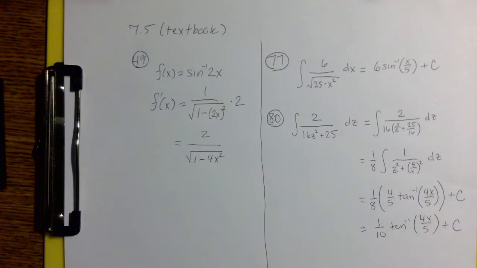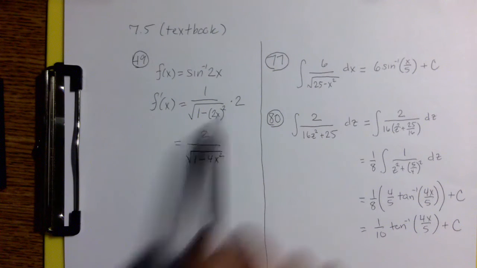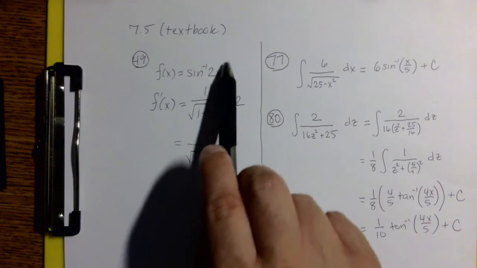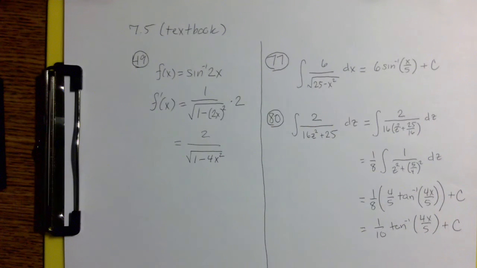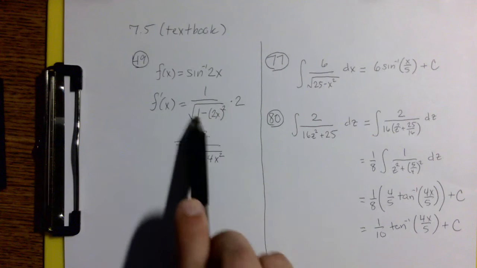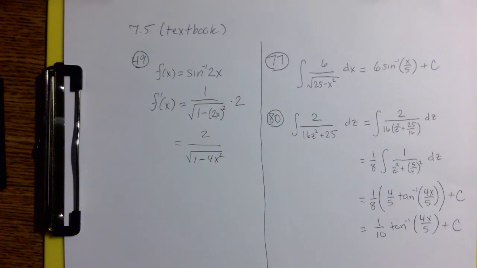First example is simply asking us to find a derivative, and it's asking us to find the derivative of the inverse sine of 2x. That's our function. And so when we take the derivative, we're using our new rule for the inverse sine function along with the chain rule, because we have this inside function 2x there. So a mistake I sometimes see students make in this type of example is they forget that factor of 2.